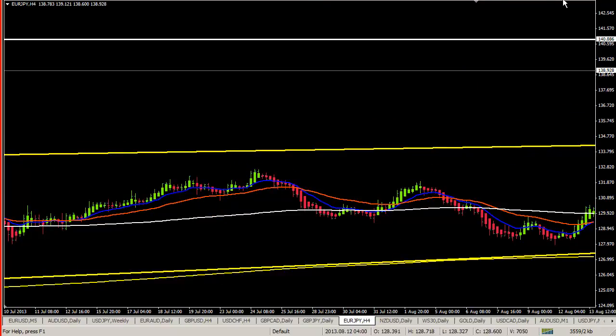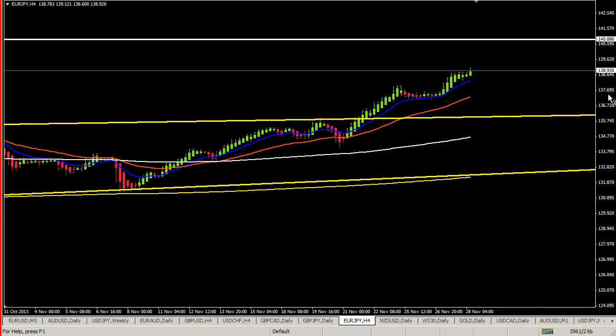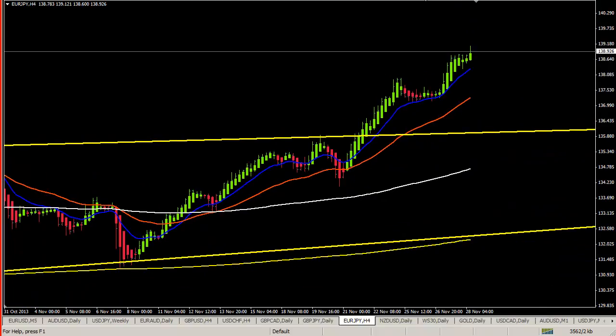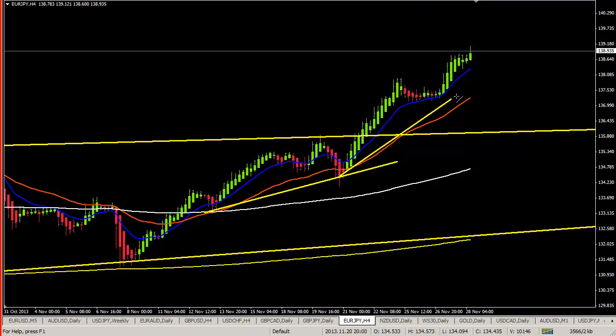So on the 4-hourly chart, look at this. Support and support here as well. For the euro yen, when the price breaks support and creates a lower high and lower low here as well after touching this 36, of course it's the same scenario.